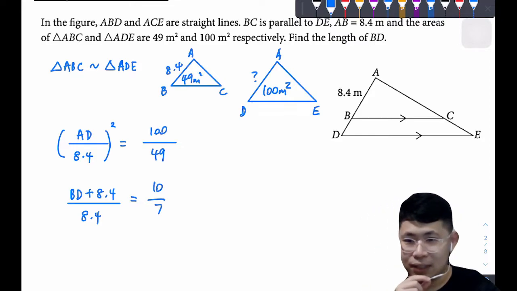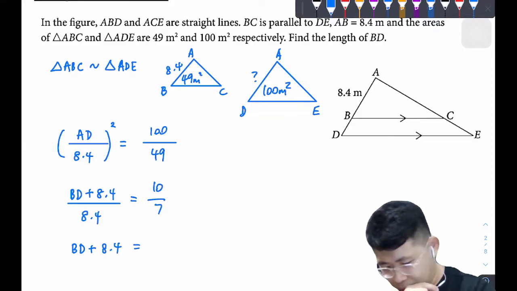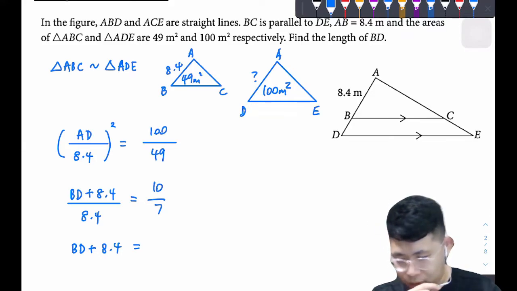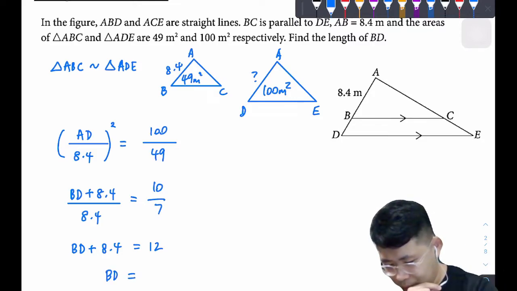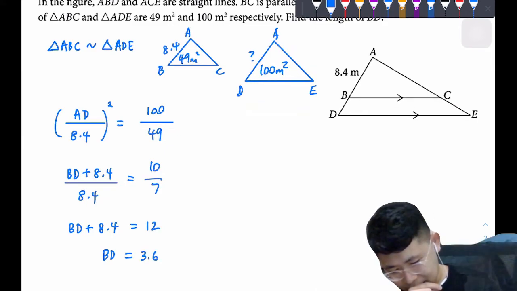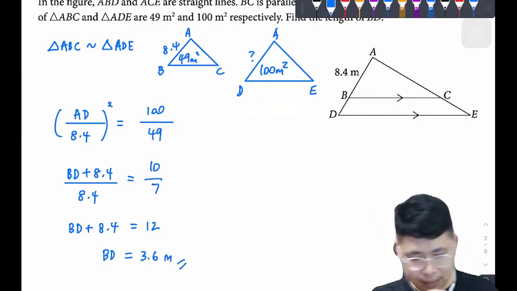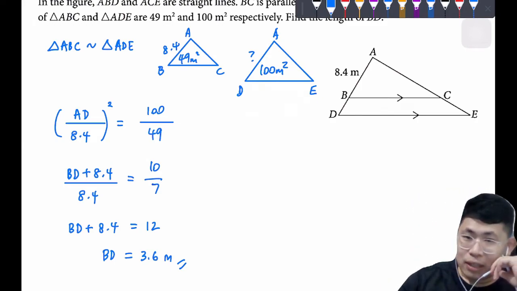So we have BD plus 8.4 equals 10 over 7 multiplied by 8.4, which gives us 12. So BD is equal to 12 minus 8.4, which gives us 3.6 meters. So you know what I'm doing.